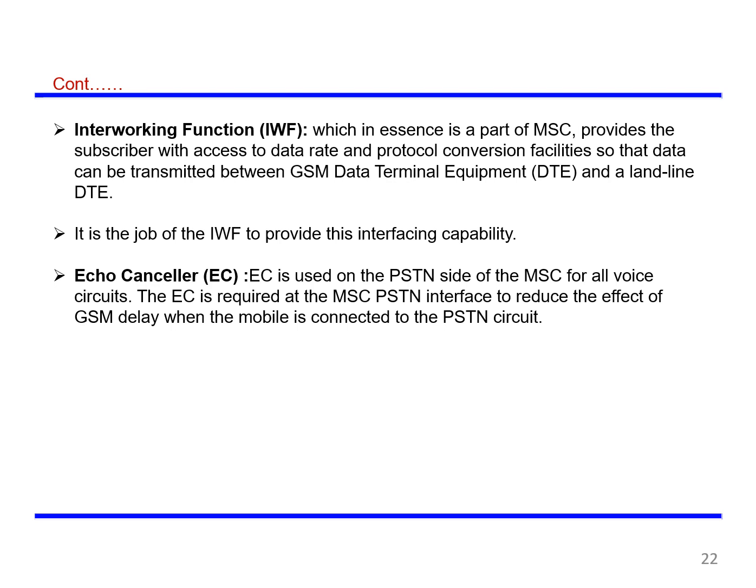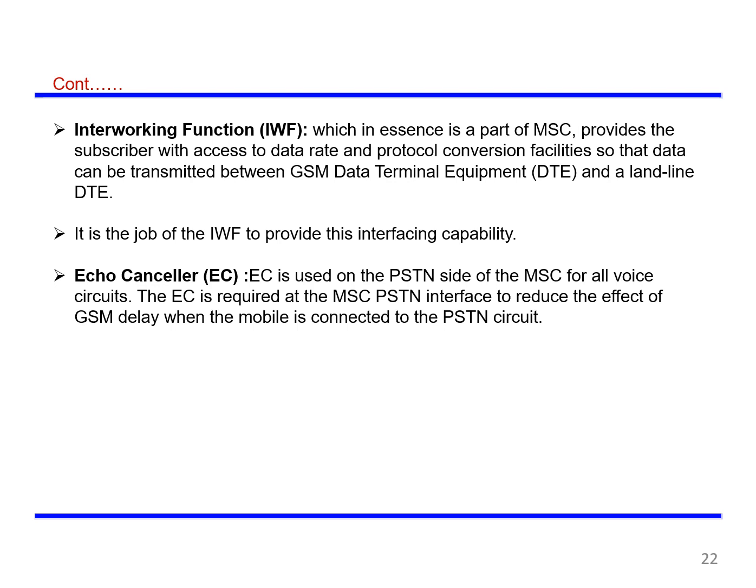The MSC also performs some interworking functions. The interworking function is nothing but protocol conversion between the mobile GSM data terminal and the landline data terminal, the data equipment. Another important function is the echo canceller.